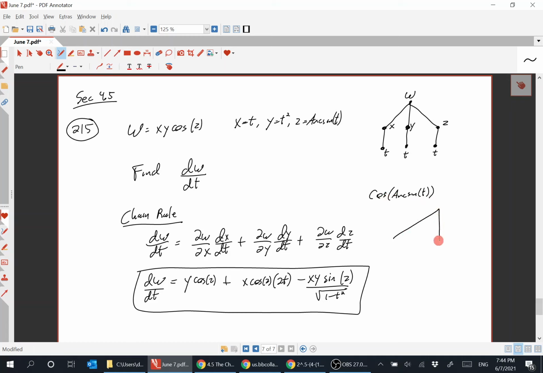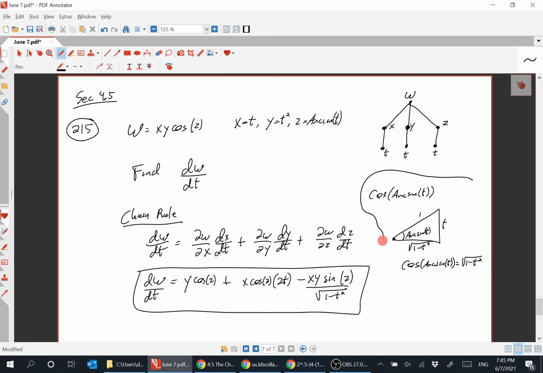So arc sine of T. Right? So I mean, if this angle is arc sine of T, then sine is opposite over hypotenuse, so T over 1, so this is square root of 1 minus T squared. So cosine of arc sine of T is equal to adjacent over hypotenuse, so it's just square root of 1 minus T squared. I don't know if you've seen this trickery before.